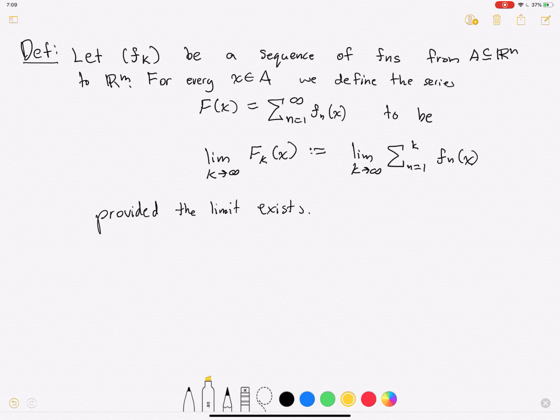There's nothing really to highlight here. This is a series of functions.